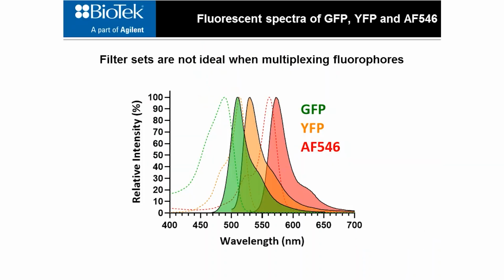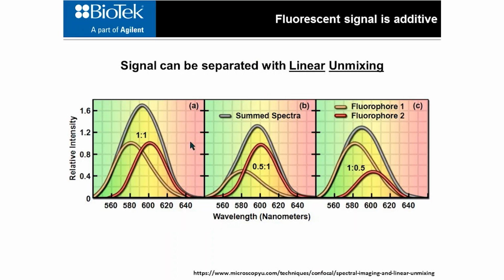And again, this is just to reiterate that filter sets are not ideal when multiplexing fluorophores. However, that's okay, even if filters are your only option, or even fixed bandwidth monochromators. There's still a way to refine your signal. And that's because the signal can be separated by linear unmixing.